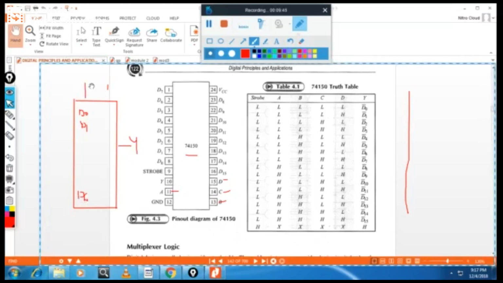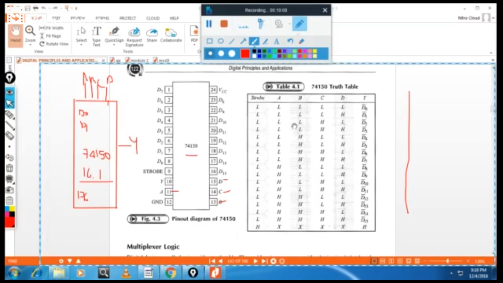And the third side you represent the control lines, that is A, B, C, D. Inside you write 74150, though you need not write this also. If you write 16:1 multiplexer, that is sufficient. So this is the IC configuration.